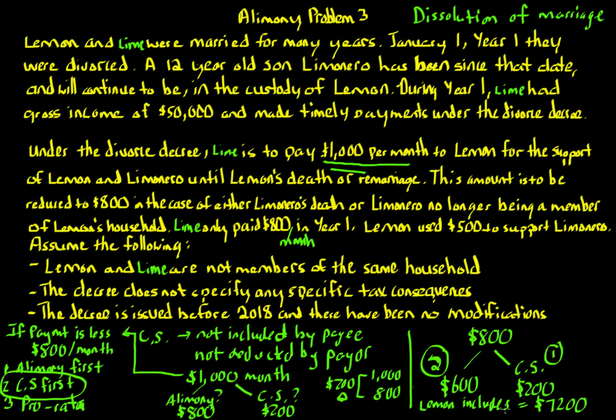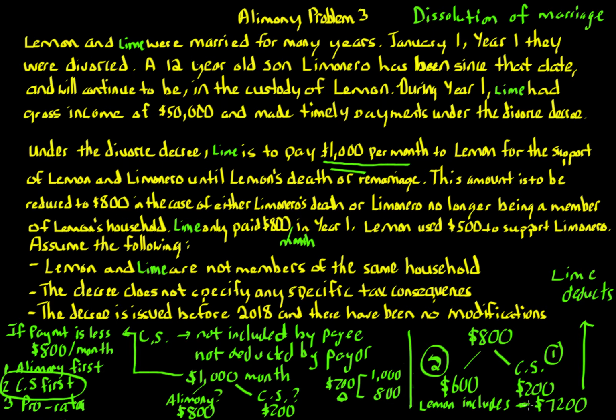Lemon includes $7,200 because Lemon does not have to include the child support portion. And then Lime deducts that portion too. Lime gets a deduction of $7,200 for the year, an above-the-line deduction.